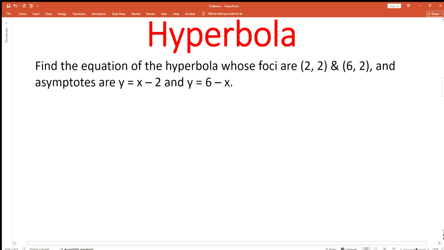The first step is to identify whether the curves or branches of this hyperbola are side by side or above and below each other. For that, we should plot the given foci points.